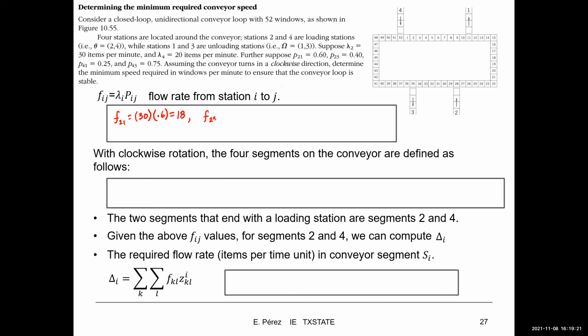F of 2, 3 equals 30 times the probability that you go to 3, 0.4. So this should be 12. F of 4, 1 equals lambda 4, 20, times the probability from 4 to 1, which is 0.25.